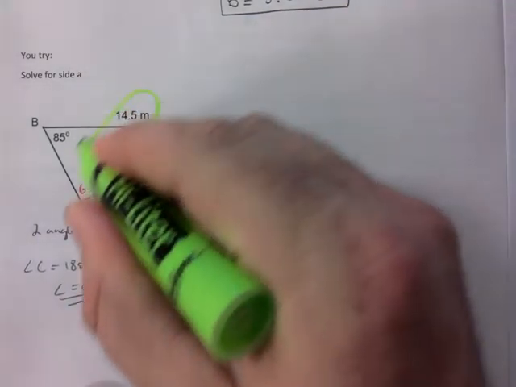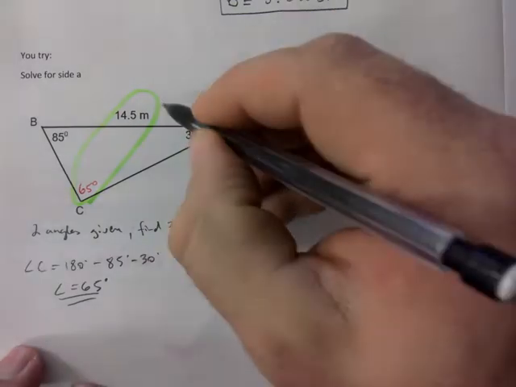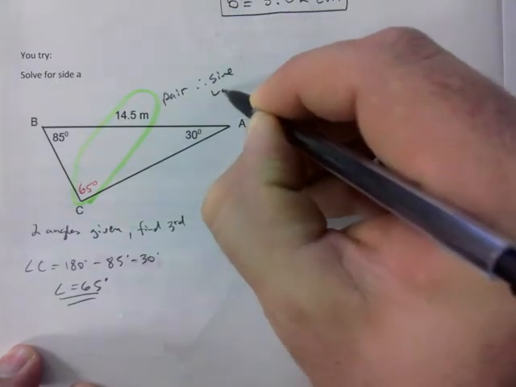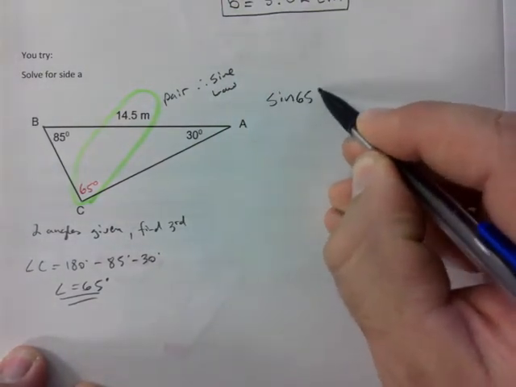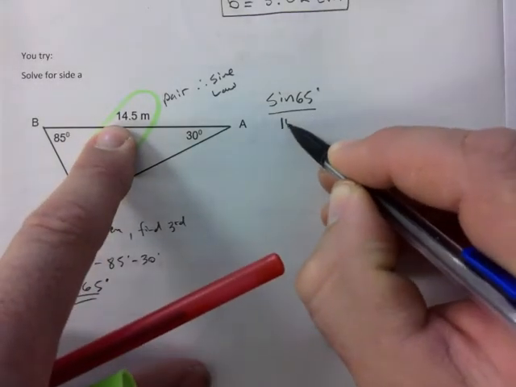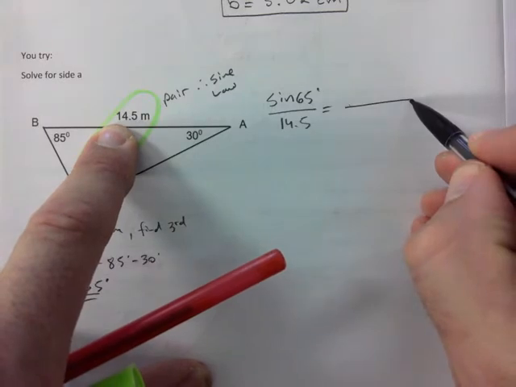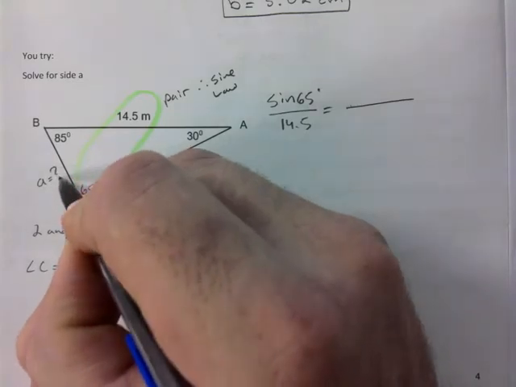So always try to see, is there a pair? Is it possible to get a pair? So pair, therefore sine law. So sine of 65 over 14.5 is equal to, what are they asking me for? They're asking me for this side right here. Careful, okay?